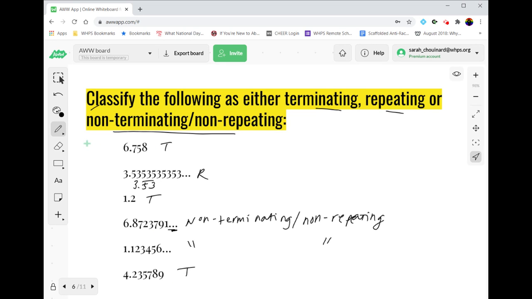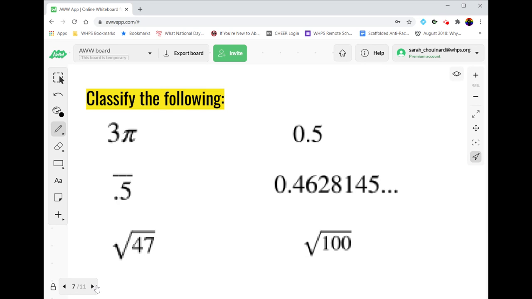As we know, terminating numbers are rational, repeating numbers are rational. So these first three are rational. The next two are going to be irrational because non-terminating, non-repeating numbers are irrational. But this last one, since it's terminating, is rational. Anything with pi is irrational.